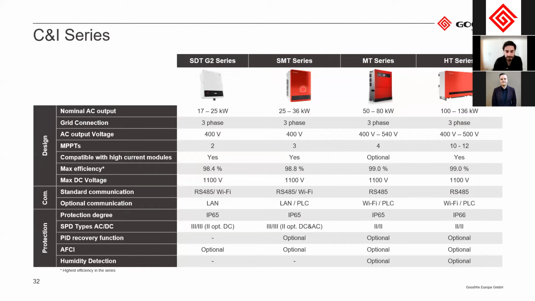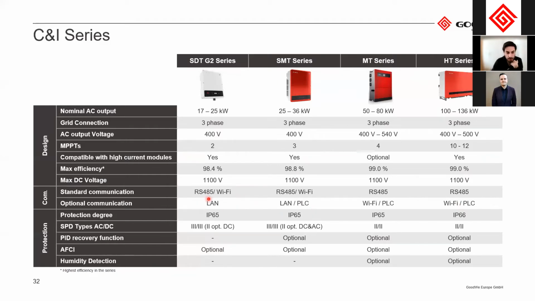At least the SMT and the HT, especially the HT, which is much larger, has 15 amps of input current, which makes it quite suitable for these new big panels. But also the MT has different models that are compatible with those modules, and also the SMT can handle it up to a certain limit, of course.